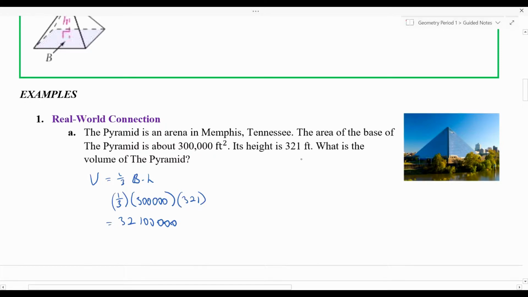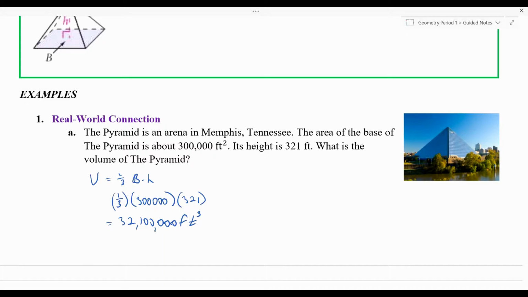The units are in feet, and since we're dealing with volume, it's cubed, so it is cubic feet. So it is 32,100,000 cubic feet, the volume of the pyramid in Memphis. And that's what we do for calculating the volume of a pyramid.